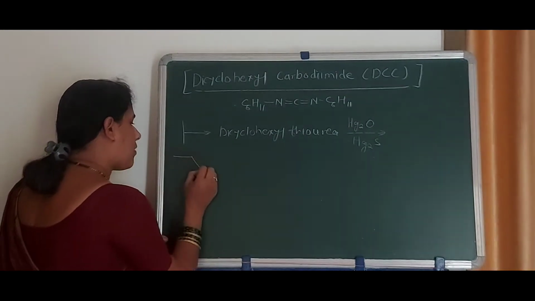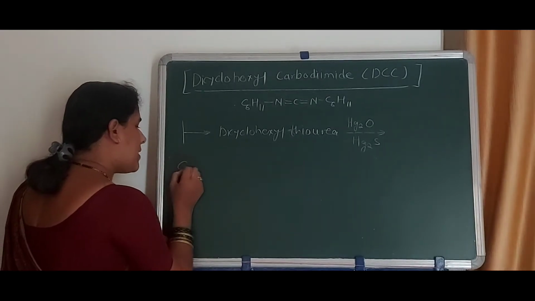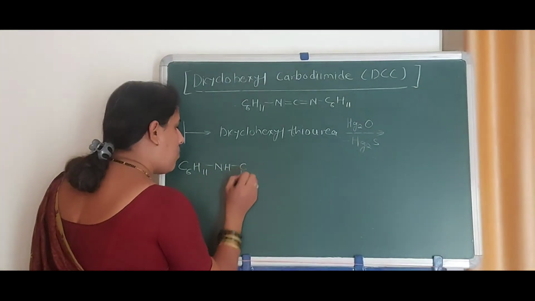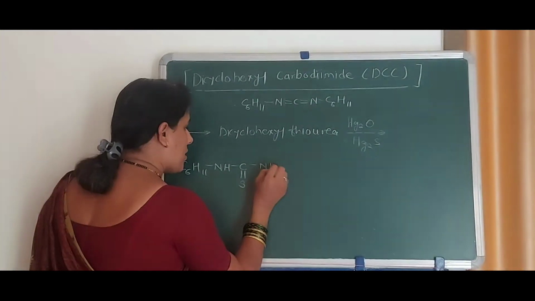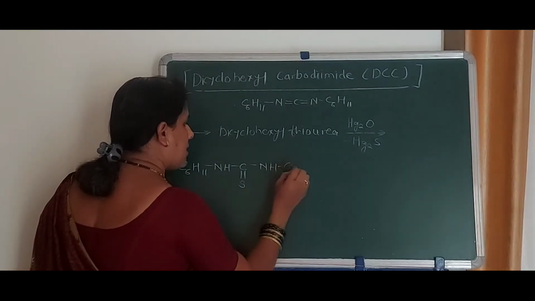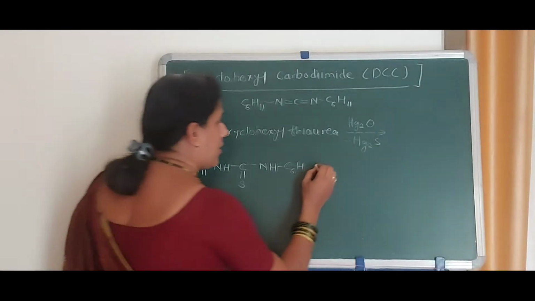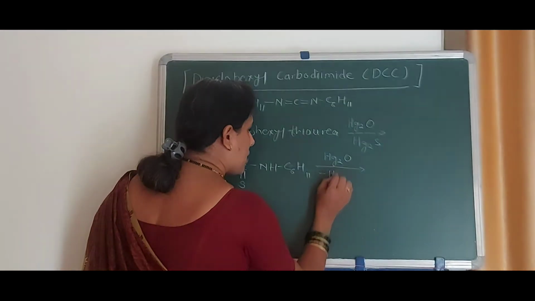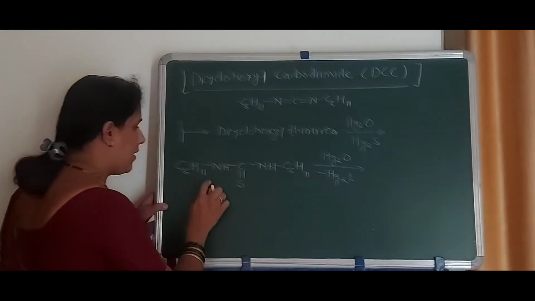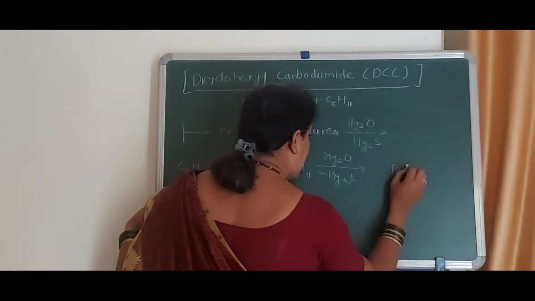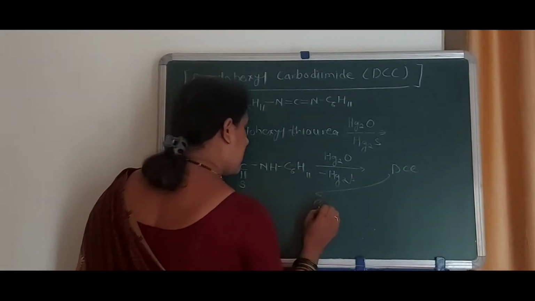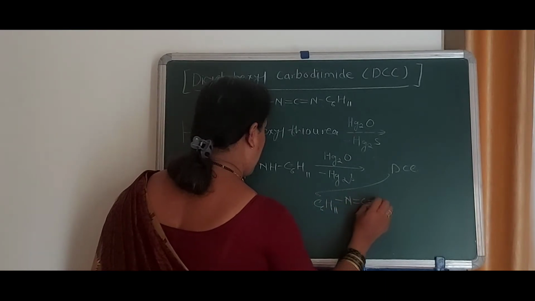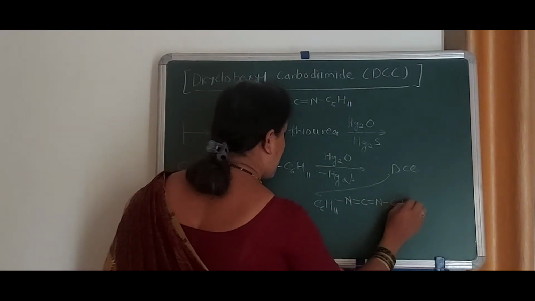The reaction formula for this is C6H11, NH, C double bond S, NH, C6H11, treating with mercuric oxide, elimination of mercuric sulfide, the formation of DCC, having the formula C6H11, N double bond C double bond N, C6H11.